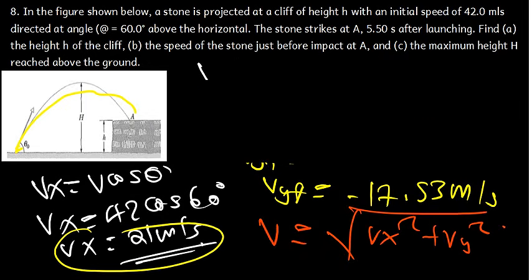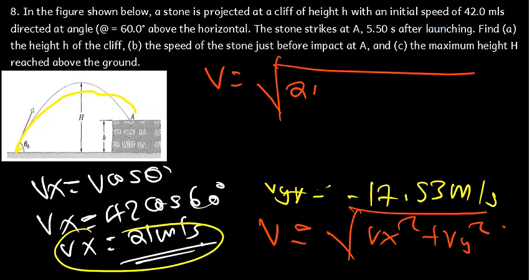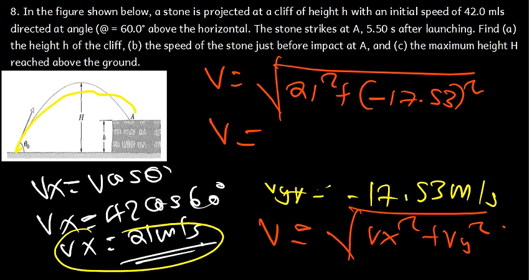If I get my calculator, 21 squared plus, I will ignore the negative because it's in the square root and we are squaring it, so it's going to be 17.53. I square it, I get the square root. So I'm getting my answer to be 27.355, which rounds to 27.36 meters per second. So I can say that the final answer is 27.36 meters per second. As simple as that.